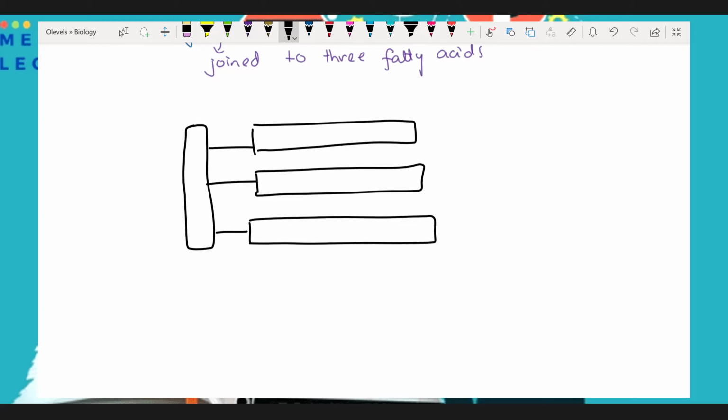All of them are fatty acids. And this is the glycerol. And we call it a triglyceride.